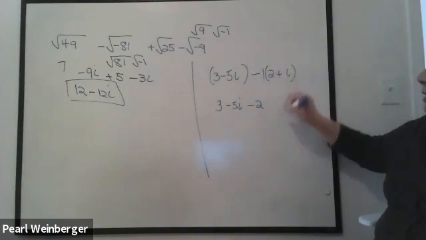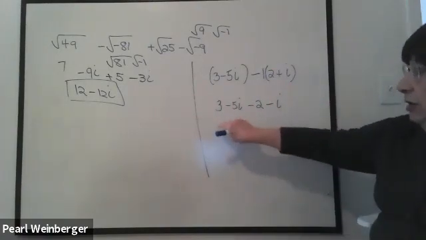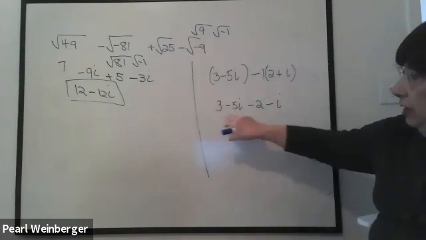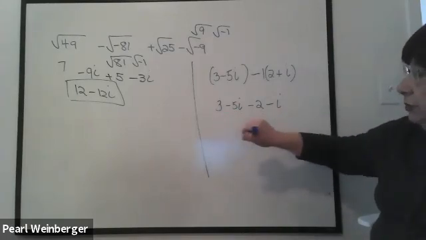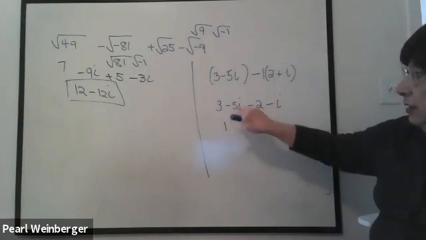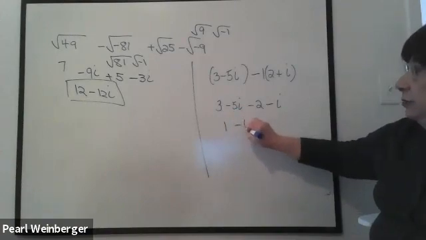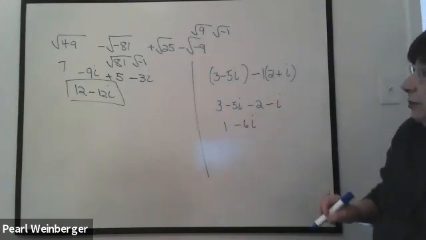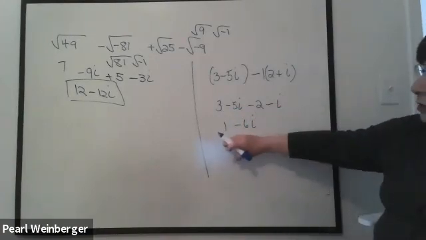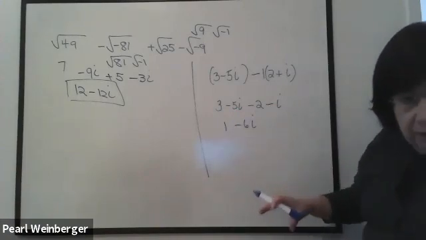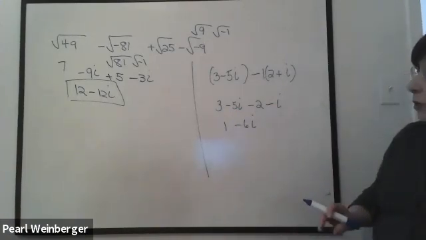And -1 times i is -1i or -i. And all I have to do now is combine: the 3 and the -2 are real numbers. That gives us 1. The -5i and the -i is -6i. So my final answer came out to be 1 minus 6i. Notice it is in a plus bi form.